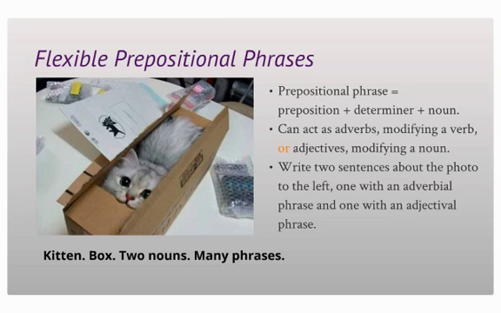I want you to take a minute, take 20 seconds, however long it takes you. Write 2 sentences about this photo. One with an adverbial prepositional phrase, so one where your prepositional phrase modifies a verb, and then one with an adjectival, modifying a noun. If you need to pause the video, you certainly can.